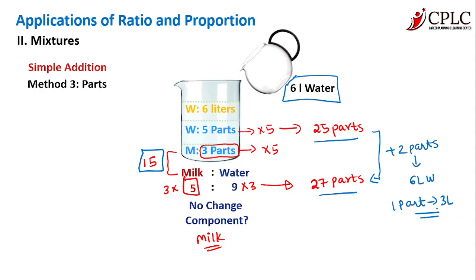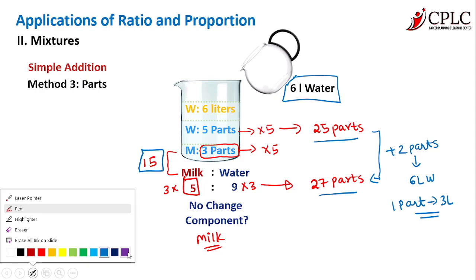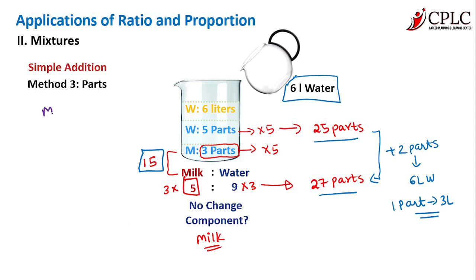And now they are again asking how many liters were originally present in the vessel. If you remember, originally the ratio of milk and water was 3 is to 5, but those numbers are not there now. The milk has become 15, the water has become 5 fives are 25. The solution in the vessel is a combination of both.